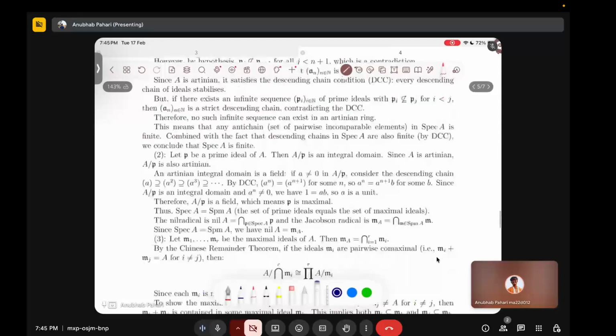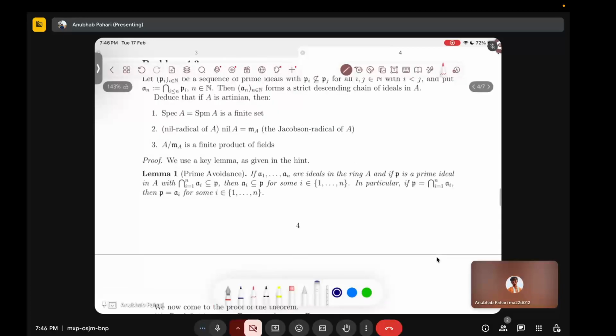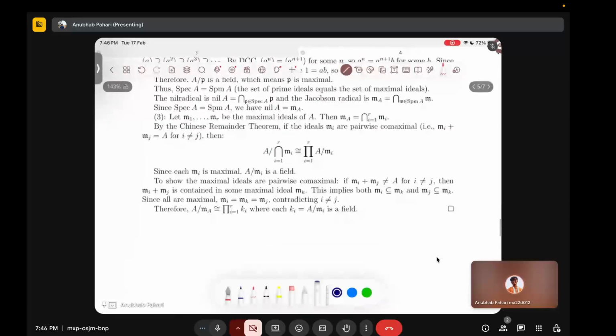Okay, so now we go to our last problem, that is A mod MA is a finite product of fields. Let M1 to Mr be the maximal ideals of A, then MA is the intersection of all the Mi's, and by the Chinese remainder theorem, you know that if the ideals Mi are pairwise co-maximal, that is Mi plus Mj equals A for i not equal to j, then you can write it like this, right?